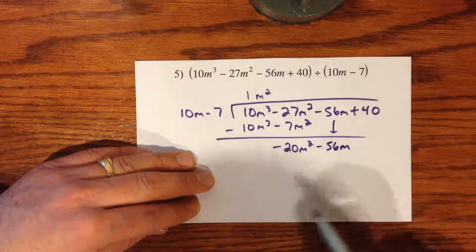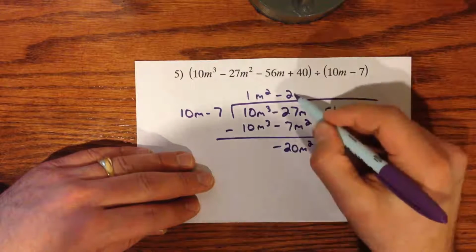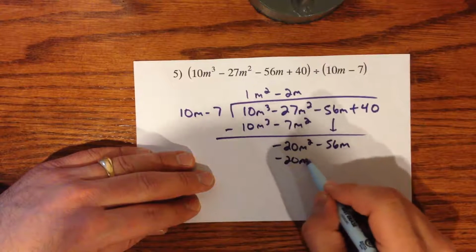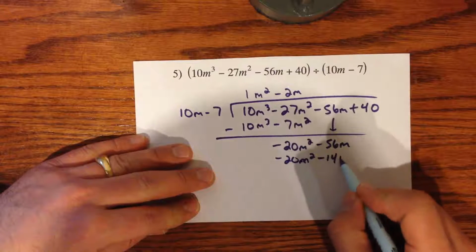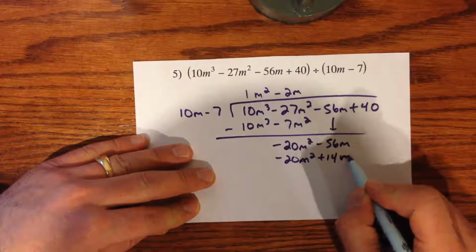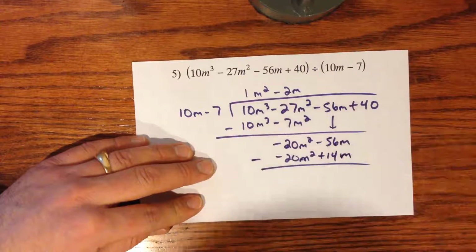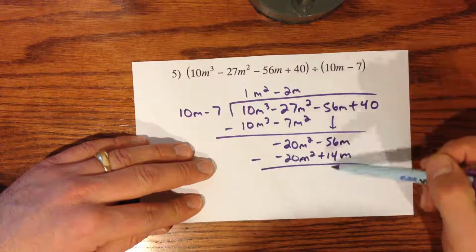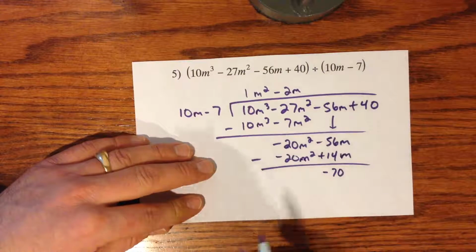Bring that term down. Negative 20 divided by 10 is negative 2. I need an m to make m squared. Negative 2m times negative 7 is plus 14m. Negative times negative makes a positive. Now I'm going to subtract though. So if I'm at negative and I subtract 14, I'm going to be at negative 70m.